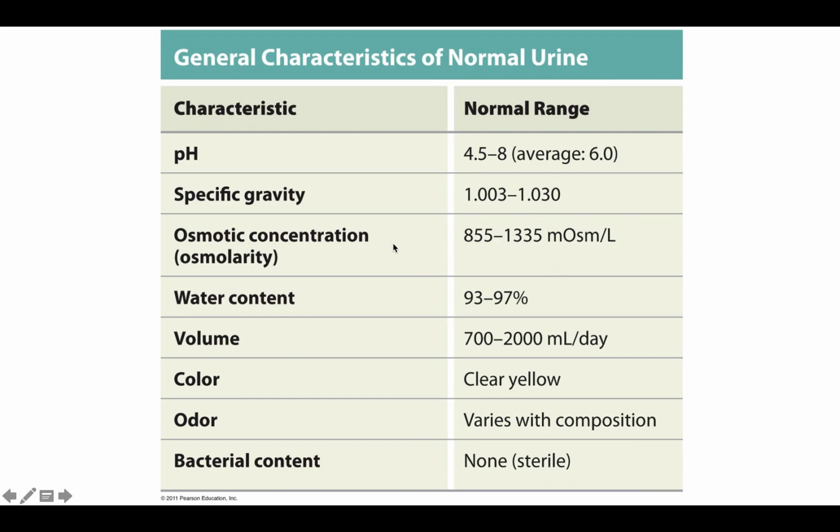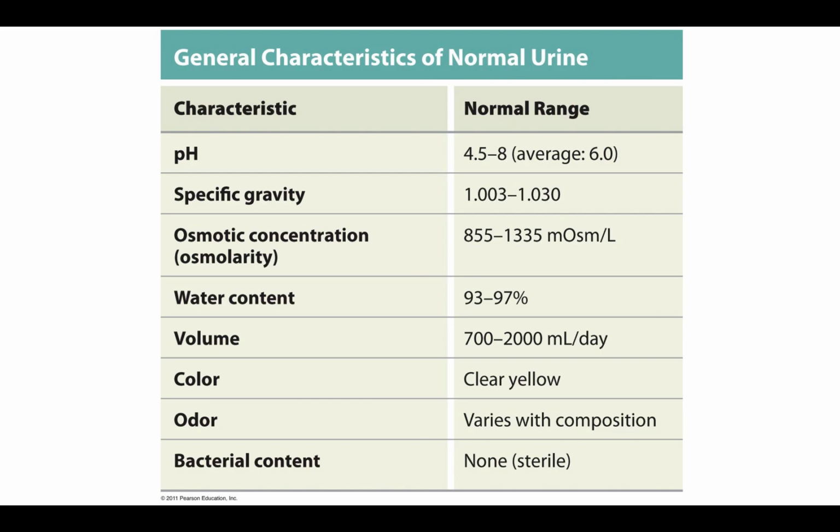Then you have osmotic concentration, 855 and so forth. Water content, somewhere between 93 to 97% water. And just think, that's us absorbing water twice, right? Reabsorption of water happening in the PCT as well as the descending loop, and then other places as well.